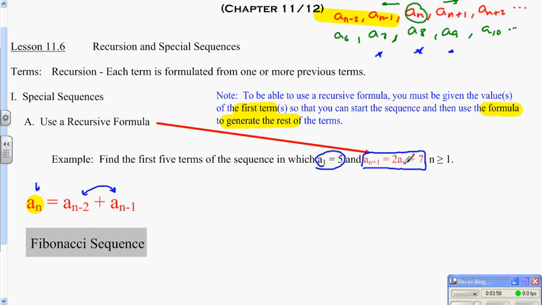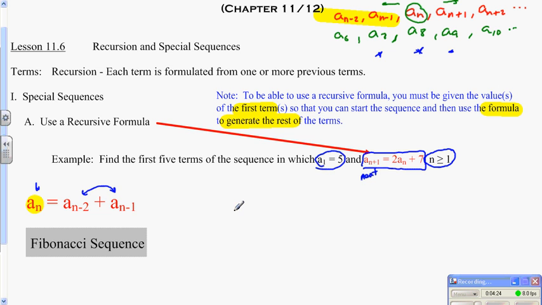Now look at your lettering here. If you have a sub n, you're going to take it times 2 and add 7 to get the next one. That's the next one to the right. So that term is found by taking the number previous to it, times it by 2, and add 7. And we have this little rule here that n has to be greater than or equal to 1.